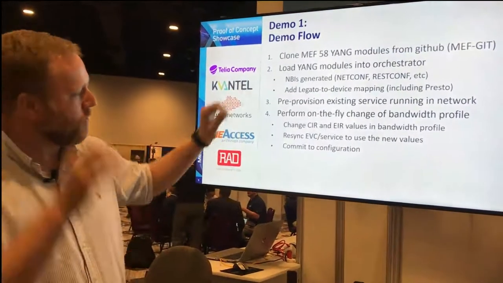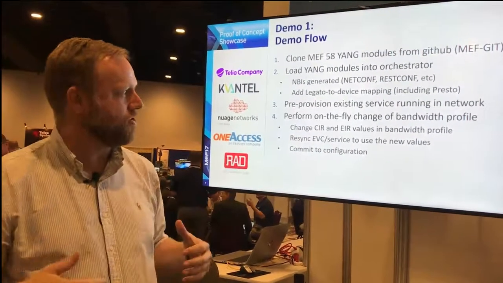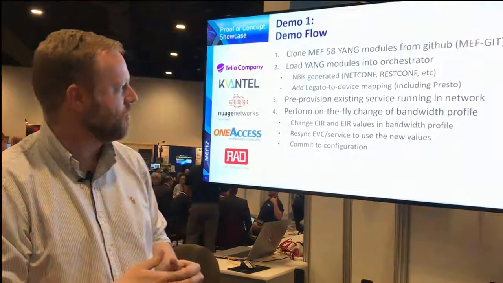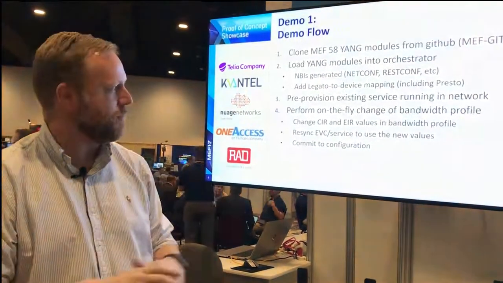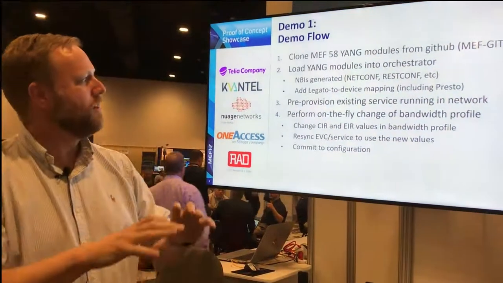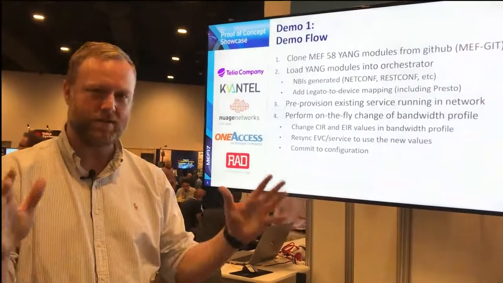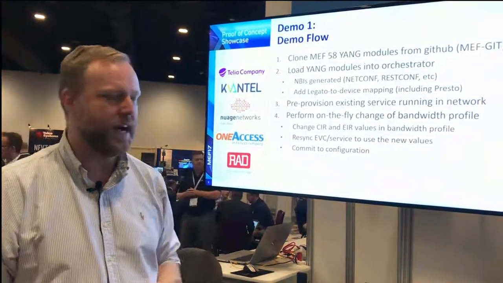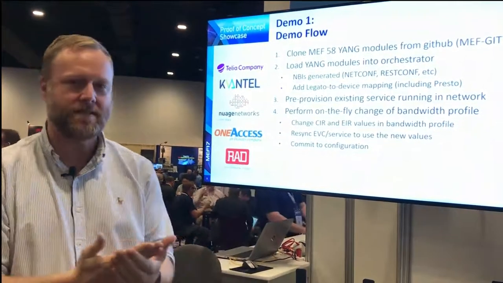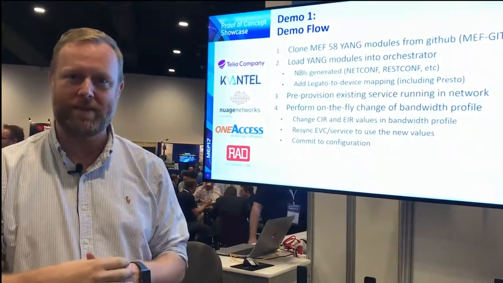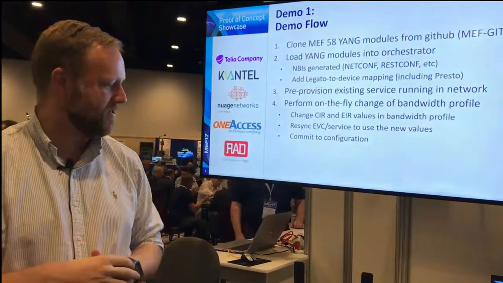And also, of course, you need to be able to not just take orders on the Legato interface, you also need to do Legato-to-device mapping. So at the heart of the demo was that, now that we get the northbound interfaces, the Legato interface, for free, the actual meat of a demo like this is to show how fast we can do a Legato-to-device mapping, including an internal Presto interface.